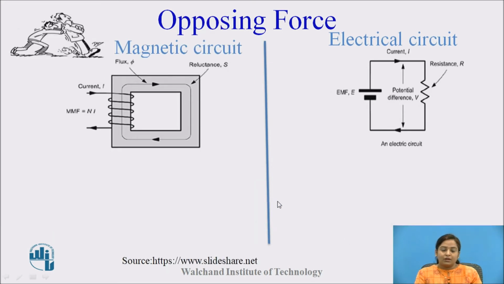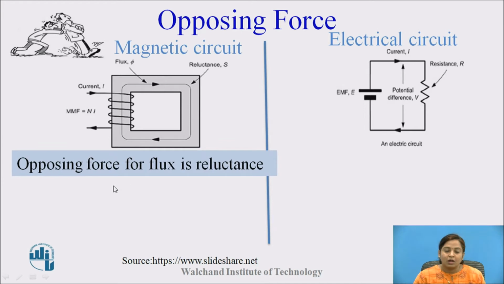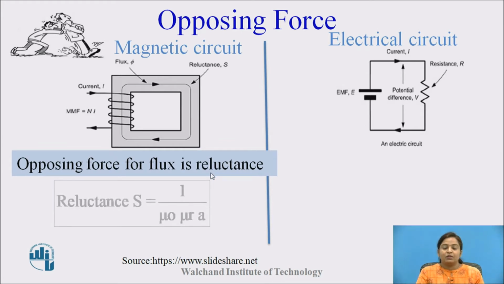Now let us see which opposing force is present in magnetic and electric circuit. Here the opposing force to flux is nothing but reluctance. This reluctance is denoted by capital S, and it is defined as L by mu 0 mu r into A, where L is the mean length of the conductor, mu 0 is absolute permeability, mu r is relative permeability, and A is the cross sectional area of this magnetic core.